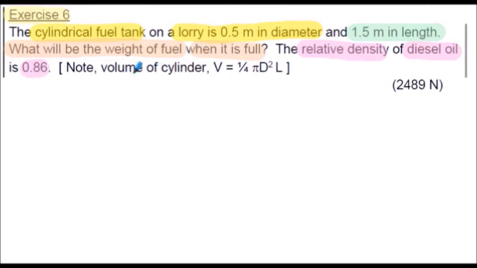We're also given the formula for the volume of a cylinder. V is equal to 1/4 π d squared L. The weight force is shown in the bracket here. If you think you can attempt exercise 6 without further assistance, I'd encourage you to stop the presentation and do so now, but I will outline the solution on the following slides.